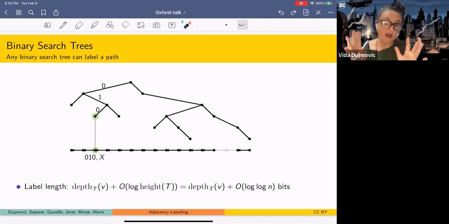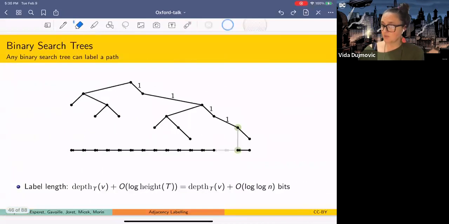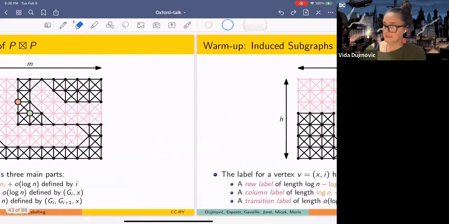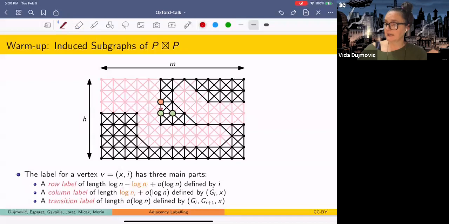It's all right. So it's 5:30. I'm nowhere close to explaining this. All this to say, let me just say that for each one of these rows and each one of these columns, because they're induced paths, you can use binary search trees. You can, in fact, use so-called weighted binary search trees. This is a known structure.